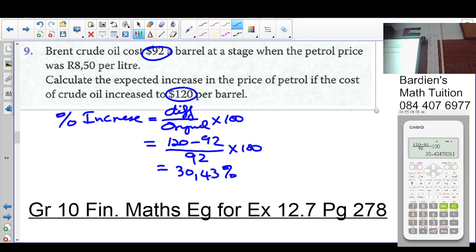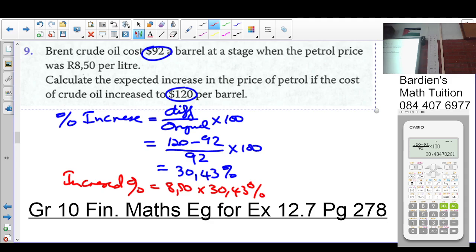So which means to say the price of petrol is also going to increase by 30,43%. Can you see that, people? No? So the increase is going to be 8.50 multiplied by 30,43%.